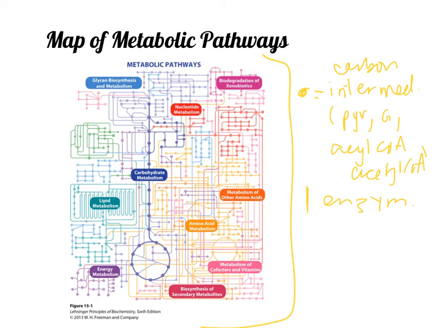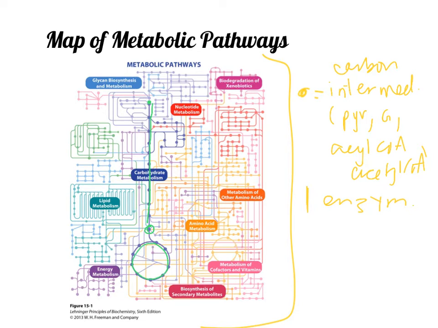What I like about this is that, let's look at carbohydrate metabolism, which starts up there. I'm guessing a certain number of these steps right here are glycolysis, but I know for sure that one right there is acetyl-CoA, because this circle is the TCA cycle.